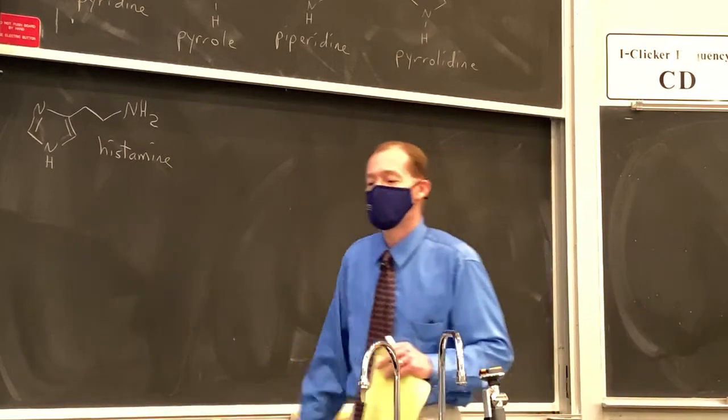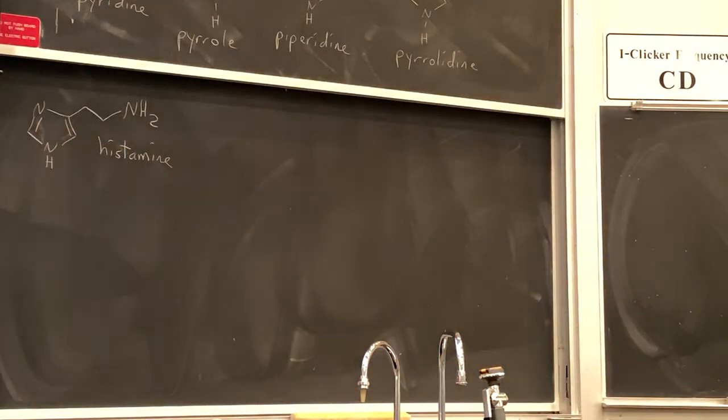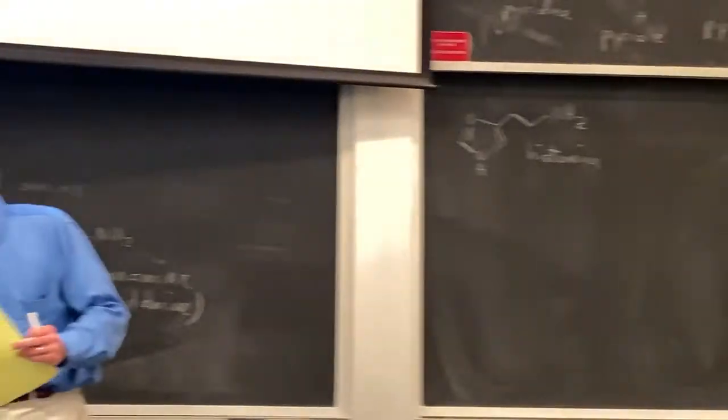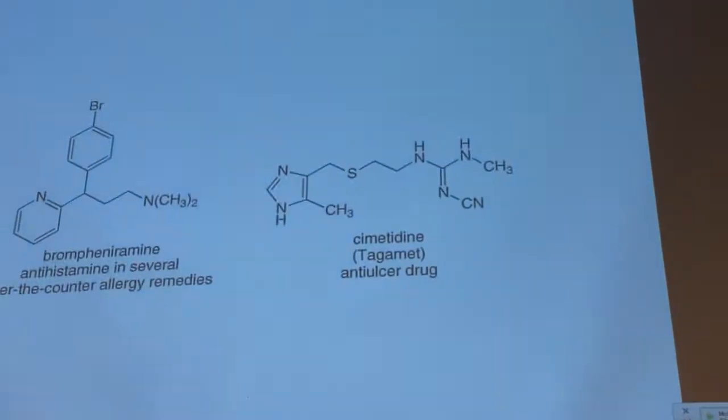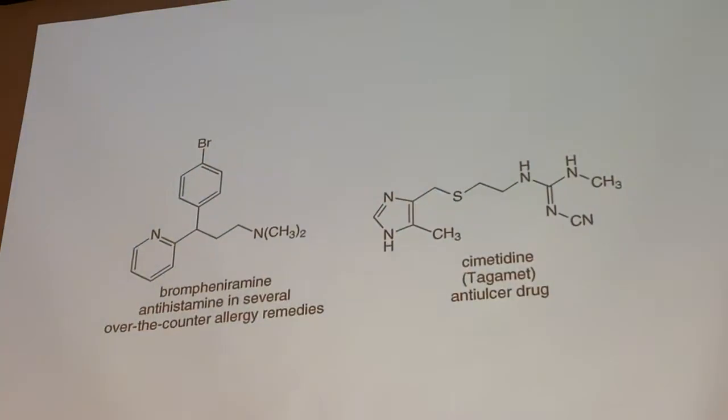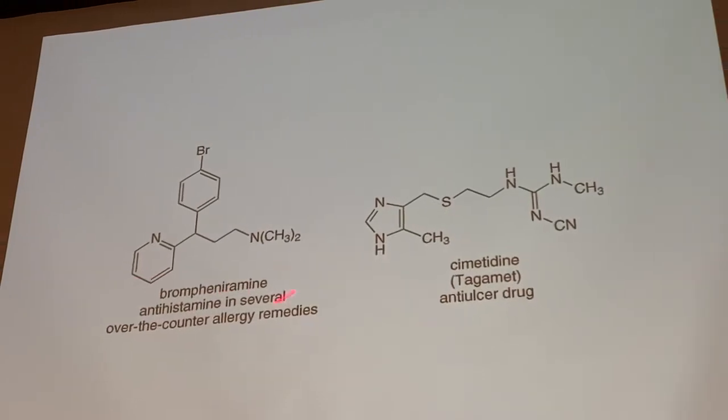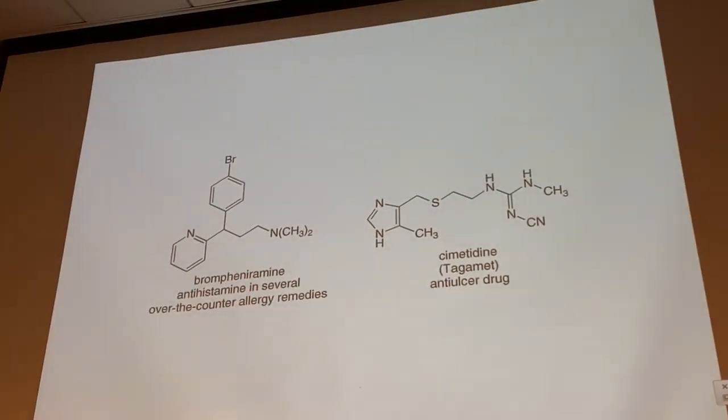So you've probably heard of antihistamines that are designed to decrease the impacts of histamine. And there's two types of antihistamines. You have the ones that are involved in allergy medications that will decrease the mucus secretions. So these are designed to bind to the active site of enzymes that promote histamine's mucus secretion effects.